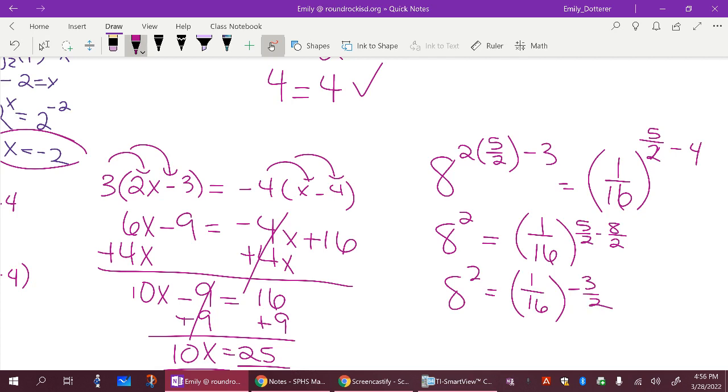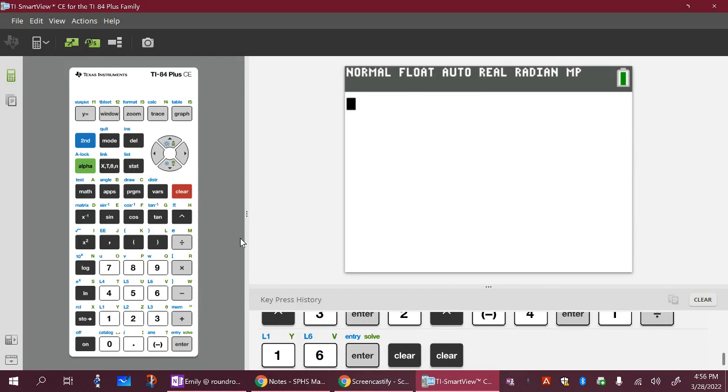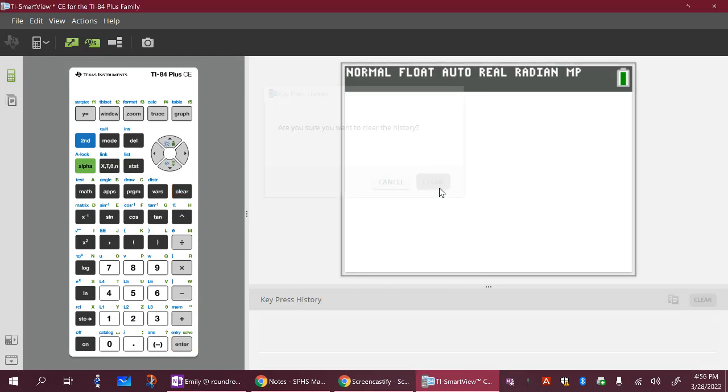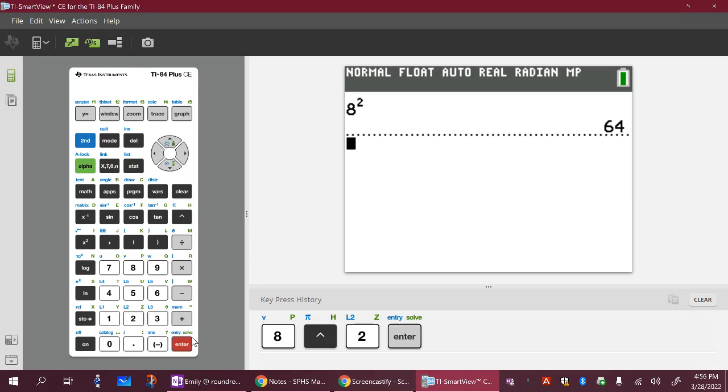So 4 turns into negative 8 halves for a common denominator. 5 halves minus 8 halves is negative 3 halves. So 8 squared, I believe is what it was. Yeah, 8 squared is 64.